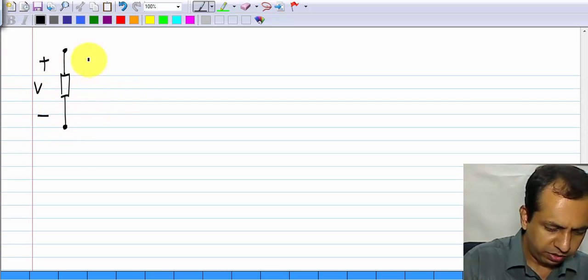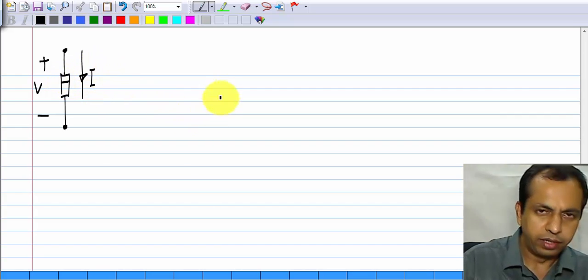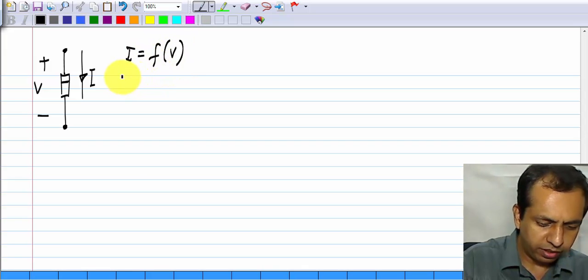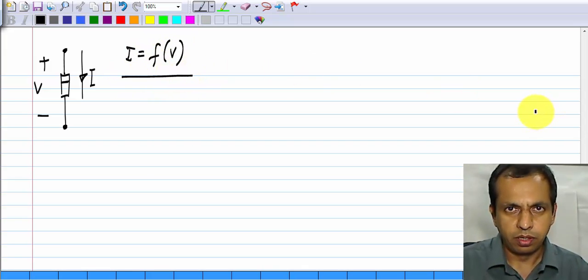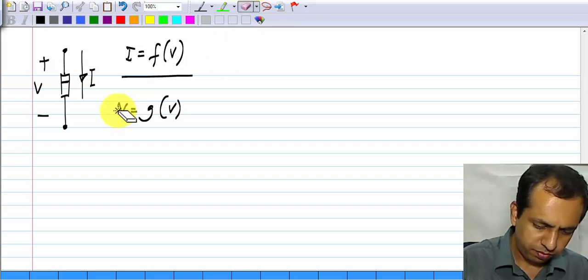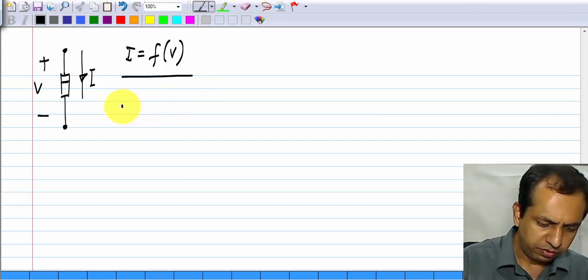So, we have a voltage V and a current I, and we know that I is nonlinearly related to V. By the way, we could also express V as the voltage as some function of the current.